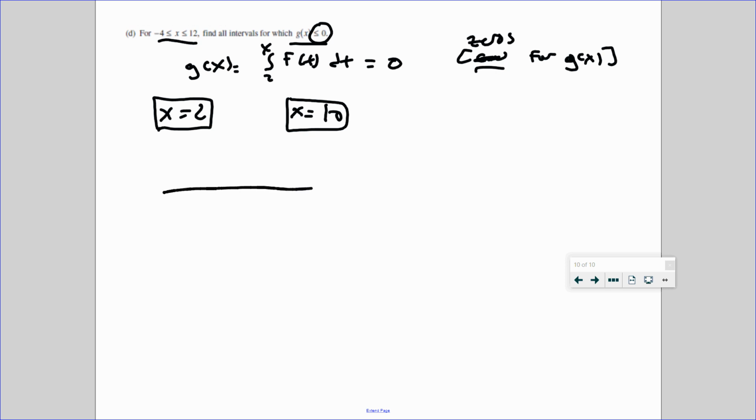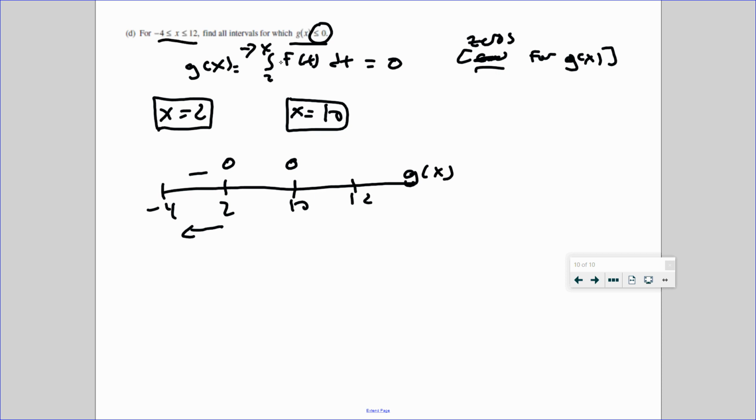So if I do my sign chart from -4 to 12, with 2 and 10, for g of x we just have to look at their signs. If my value here is 0 and my value here is 0, let's take a look at the signs. If we go anywhere to the left, the area is going to be negative because we're changing our direction.